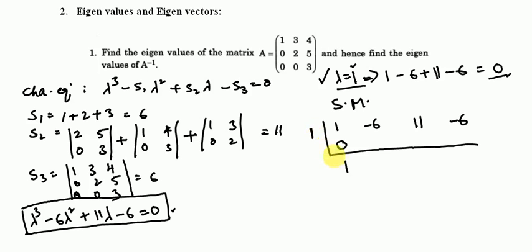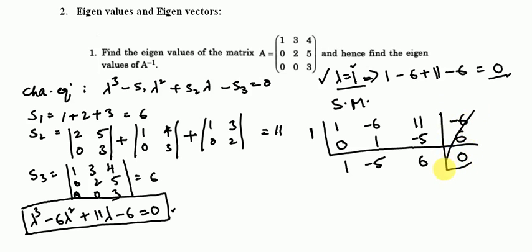Again 1 into 1 gives 1. Add these two terms: minus 6 plus 1 is minus 5. Now 1 into minus 5 is minus 5. And 11 minus 5 is 6. Then 1 times 6 is 6. Add these two: minus 6 plus 6 gives you 0.